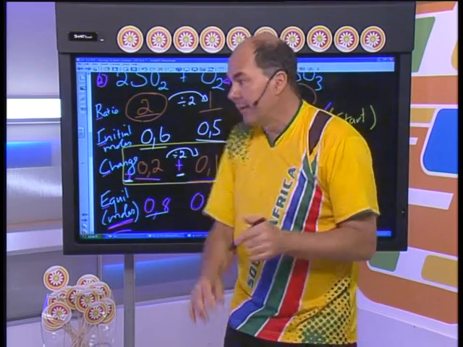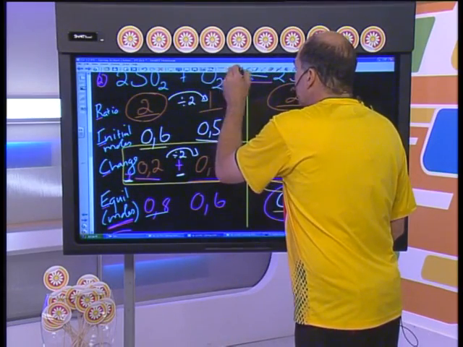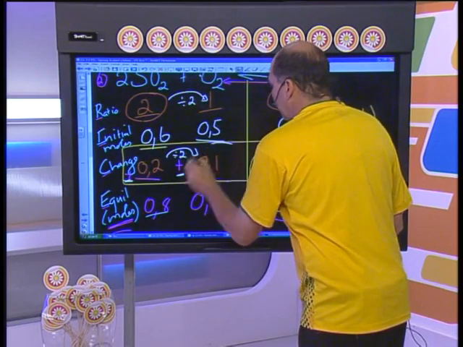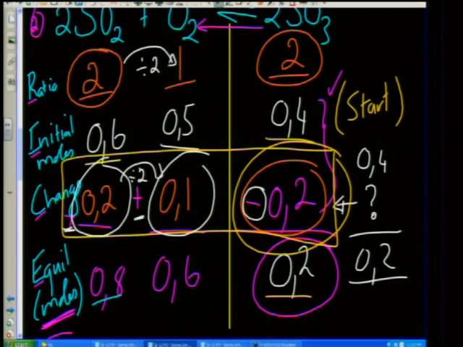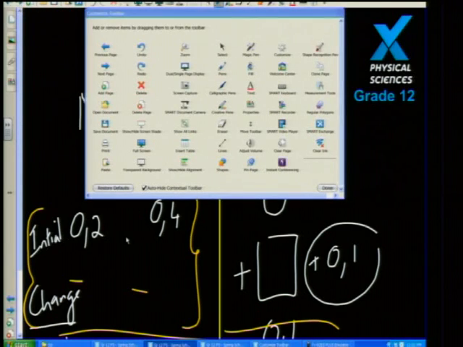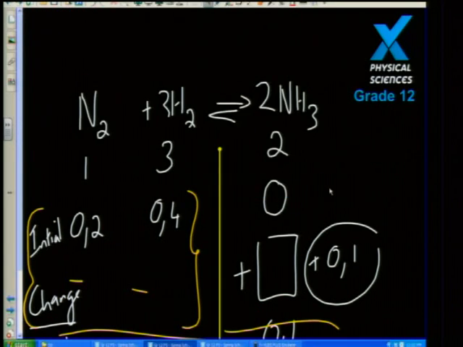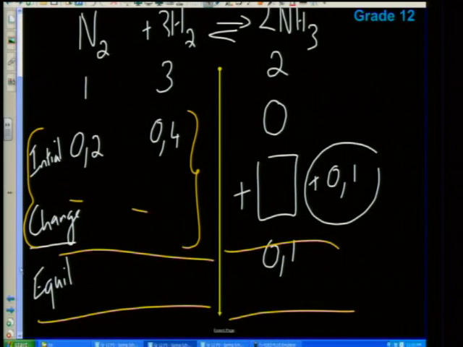What's the next step? To get these answers over here, you're going to have to use ratio. I'm going to do it one more time in my example, and let's see if you can work it out with that ammonia example. So here we go. We want to know how much hydrogen and nitrogen I have at equilibrium.